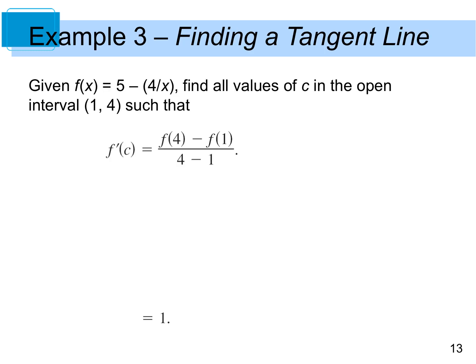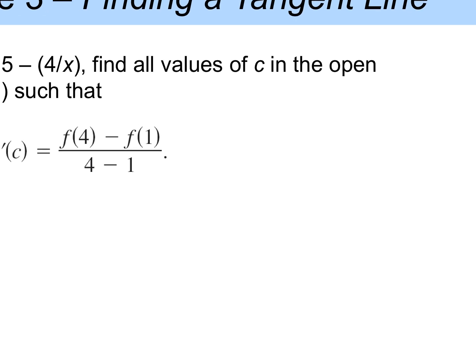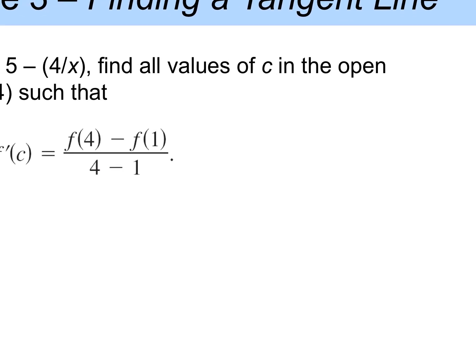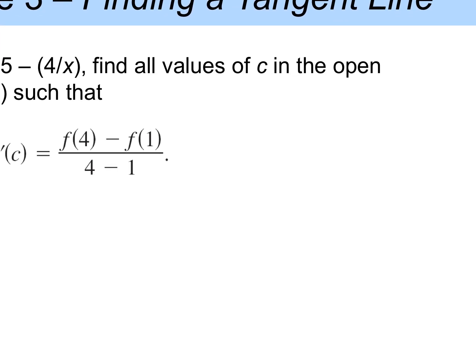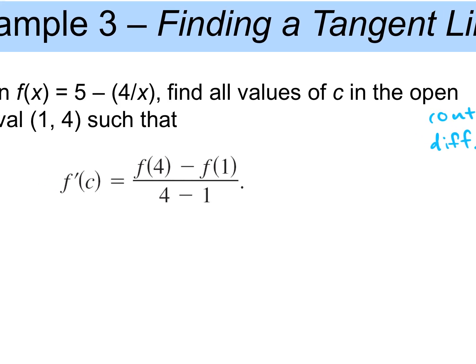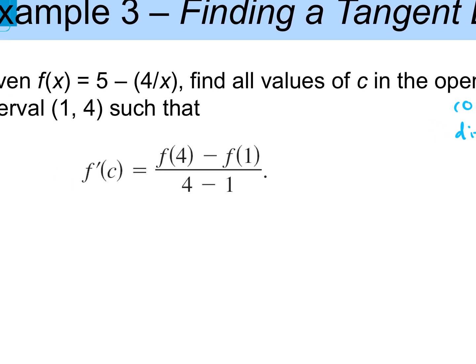In order to use mean value theorem, we need to know that it's continuous on the closed interval and differentiable on the open interval. So is it continuous and is it differentiable? Here our function is f of x equals 5 minus 4 over x.